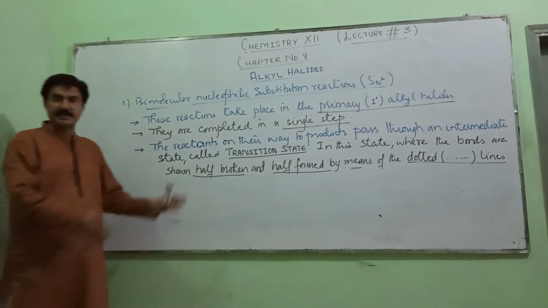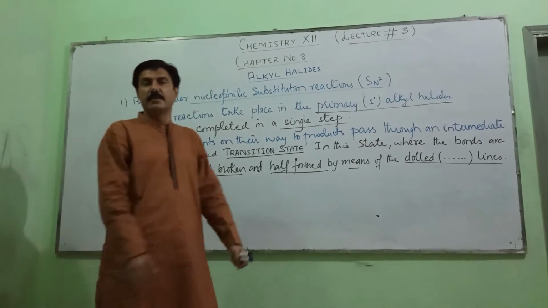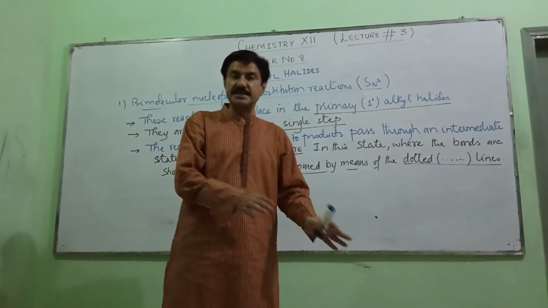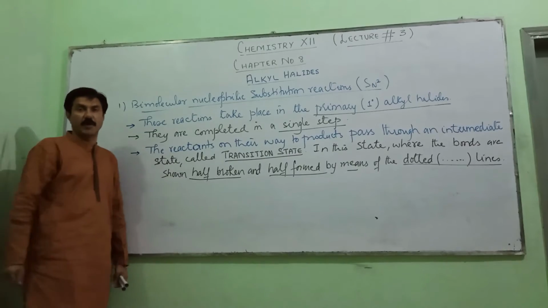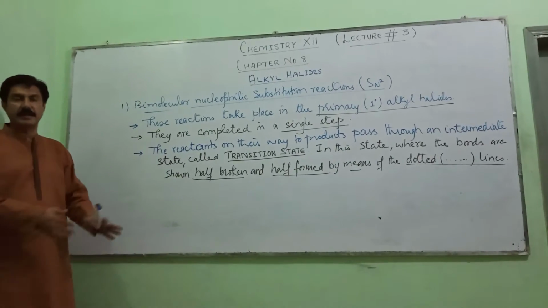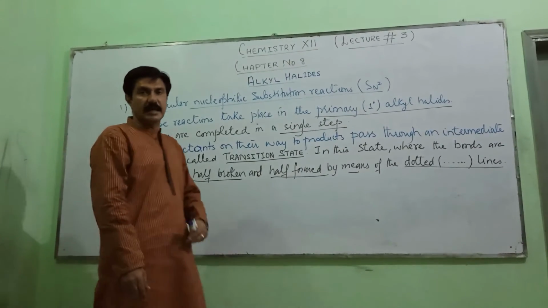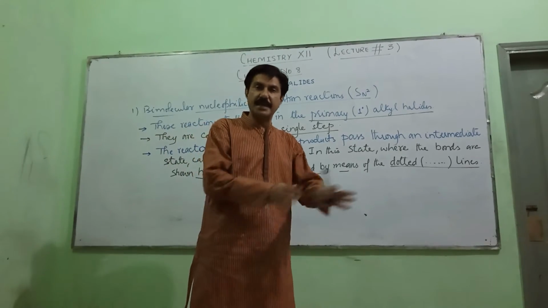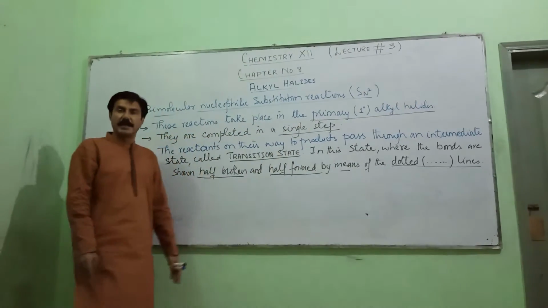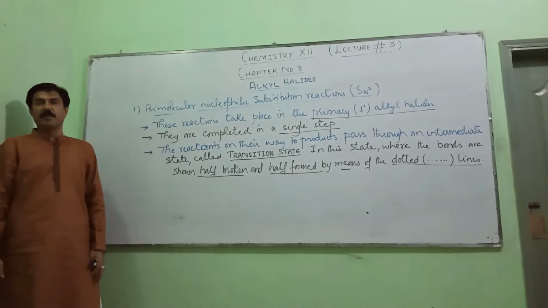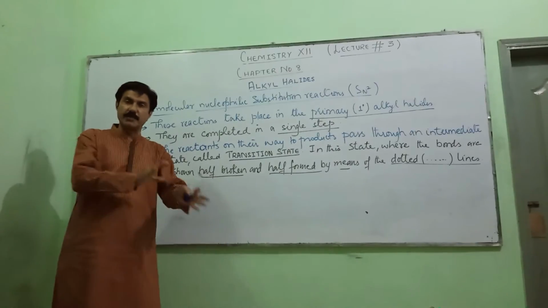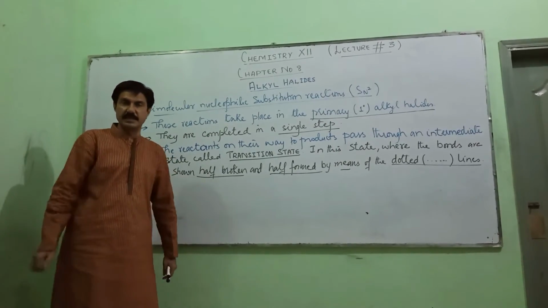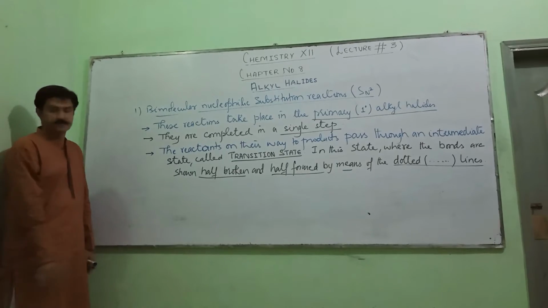So we can say that SN2 reactions proceed with the inversion of configuration. It means the product is formed by the bond making from the side opposite to the halogen atom, from which the halogen breaks its bond with the alkyl halide molecule.